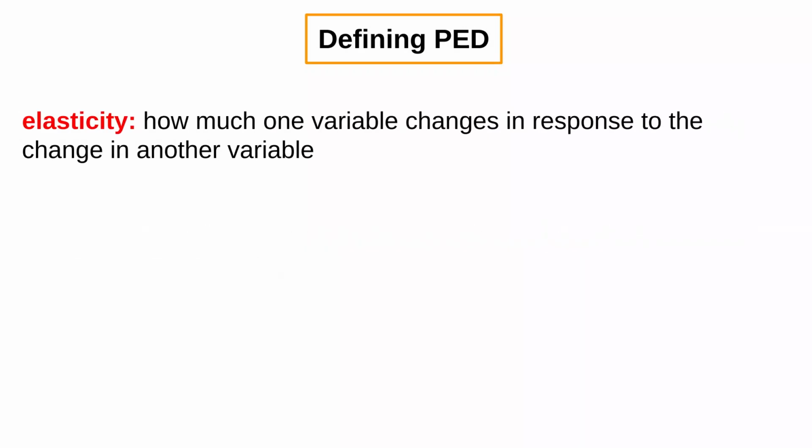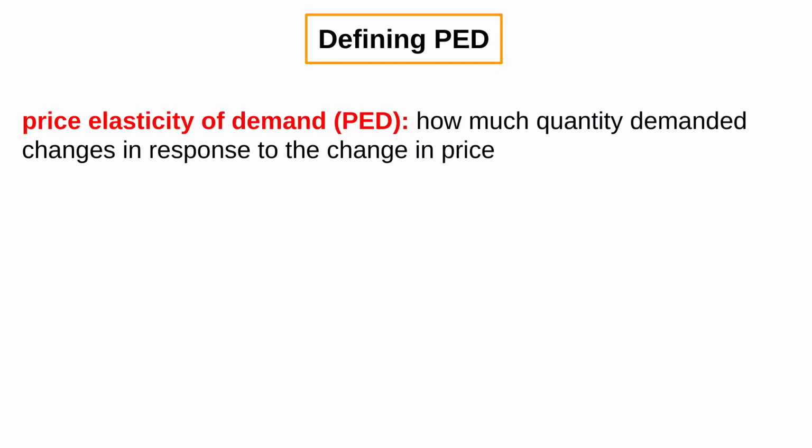So I mentioned that word elasticity. It means how much one variable changes in response to the change in another variable, right? You might see this in a science class, for example. If I change the soil, how much does that change the height of the plant? In this case, we're looking at something called the price elasticity of demand, or PED for short, and that's how much quantity demanded changes in response to the change in price.